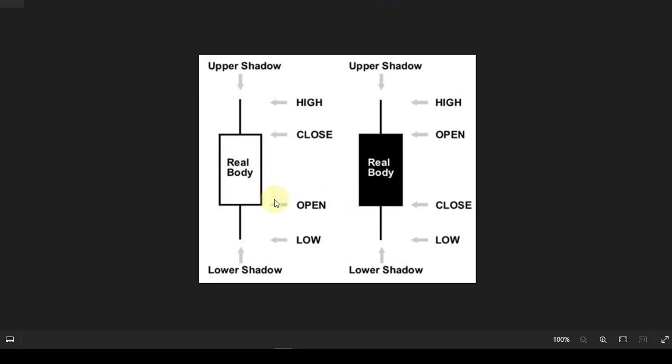Okay, so now if the market opens here, then sellers first of all push it down. They sold and pushed and took over the market until this point. So let's assume that at this point there is a resistance or a support zone, okay, and that was when buyers came in.